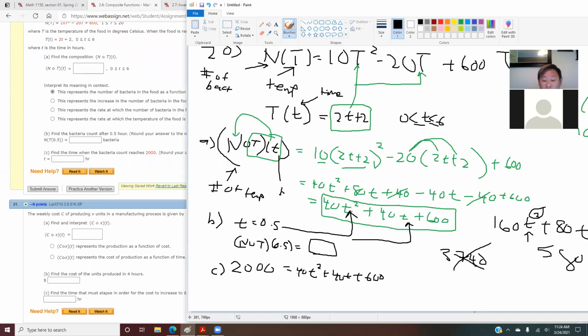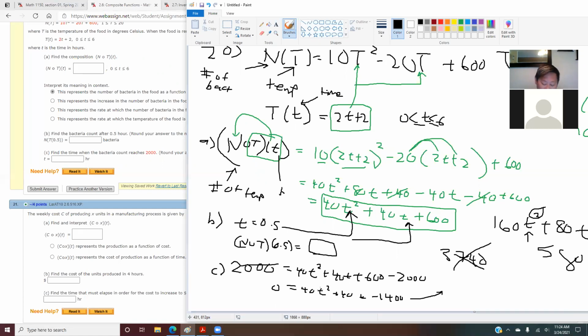In order for us to solve this, this is a quadratic, so you have to make it equal to 0. So you have to subtract 2000. So you will get 40T squared plus 40T minus 1400. That's 600 minus 2000. And then you need to reduce this. You don't do your quadratic equation here because it's very difficult.